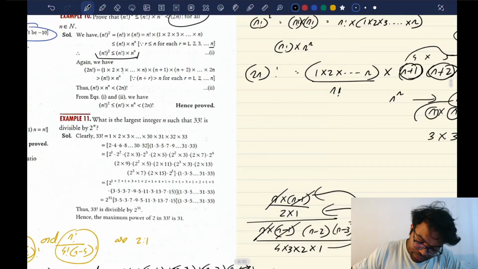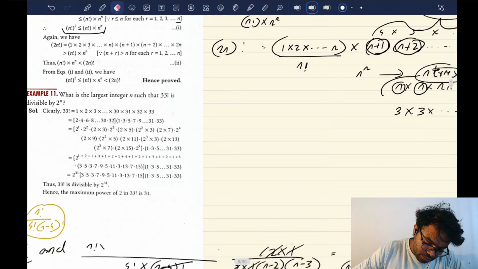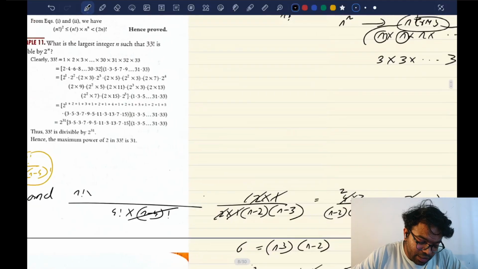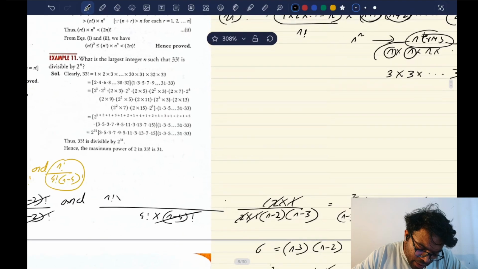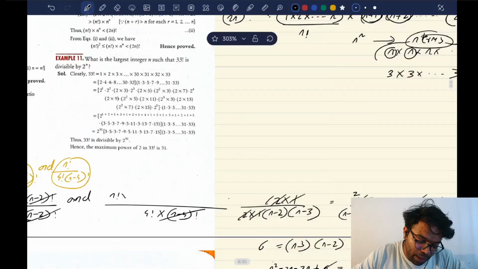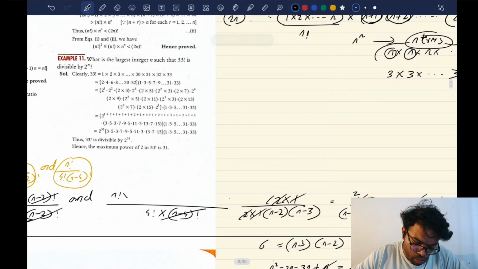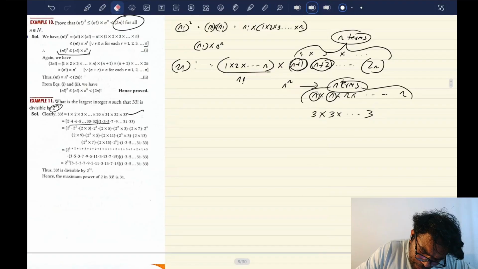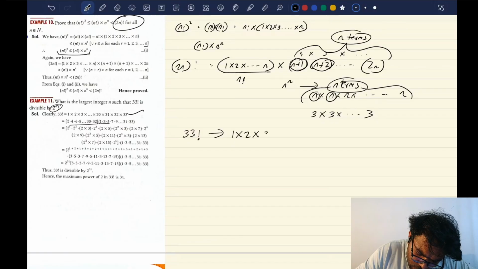Okay, next one. What is the largest integer n such that 33 factorial is divisible by 2 to the power n? 33 factorial can be written as 1 into 2 into 3 into dot dot dot 31 into 32 into 33.